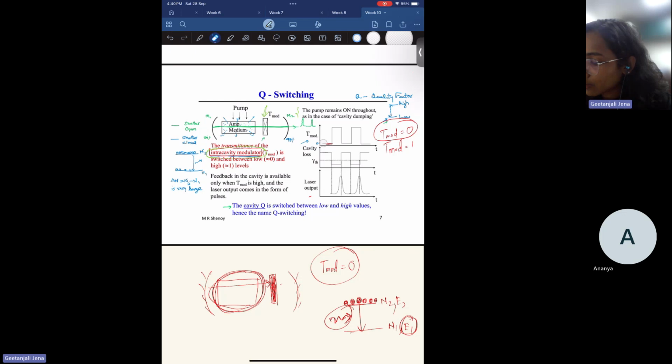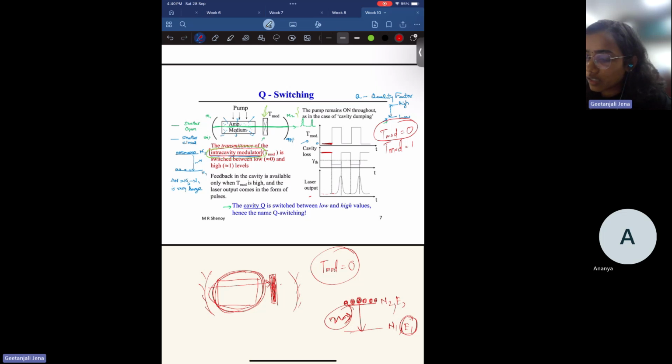If you see, when T mod is 0, the cavity loss in the system is high, and the laser output is 0. There will be no laser output when T mod is 0.